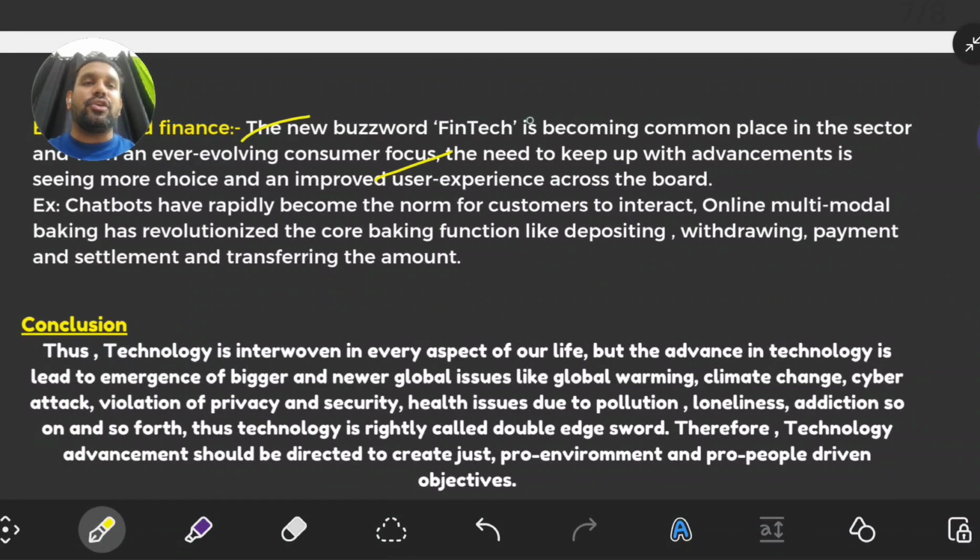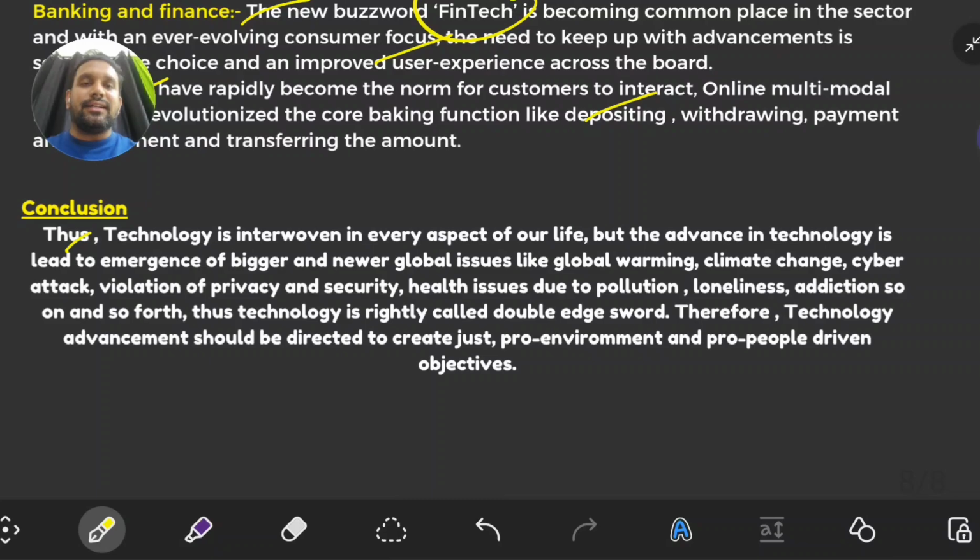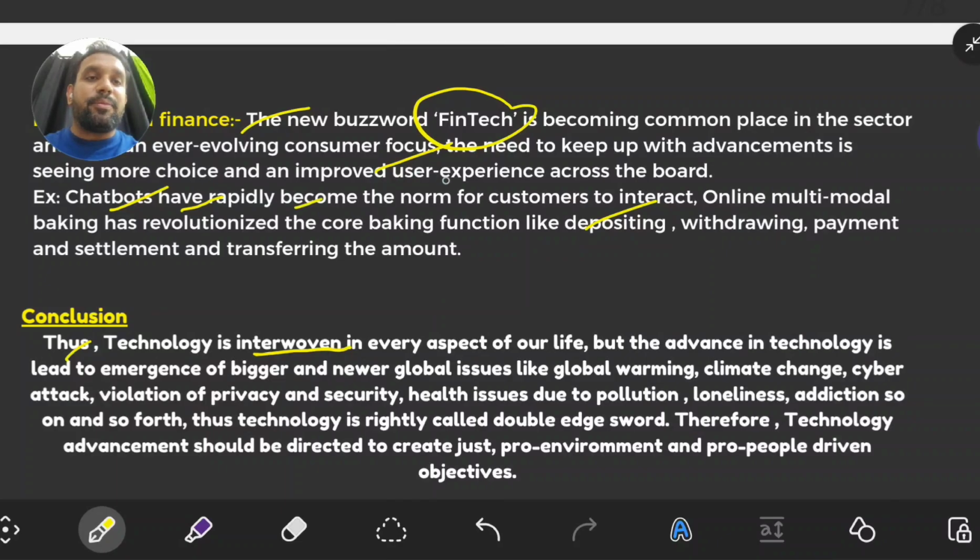Banking and finance: a new buzzword is there, fintech, GPay, Google Pay. All these are actually a part of S&T development only. Conclusion, let us see. Thus, technology is interwoven. Remember this point. With the help of chatbots, it has become the norm for customers to interact.